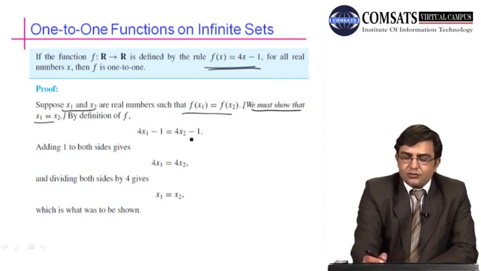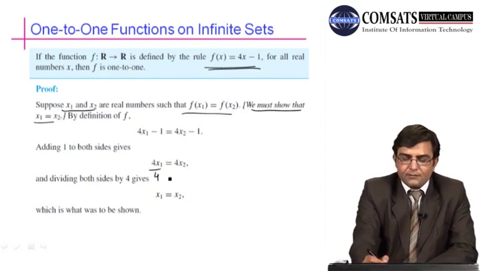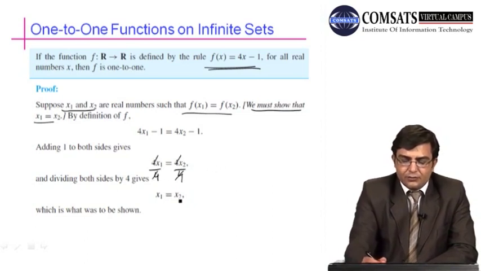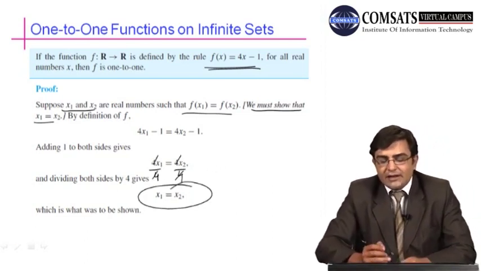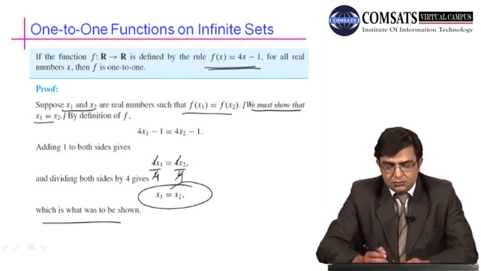So adding 1 on both sides, 1 will be cancelled out, and we are left with 4x1 equal to 4x2. Now dividing on both sides by 4, this 4 cancels with this, and we get x1 is equal to x2, which is what we have to show.